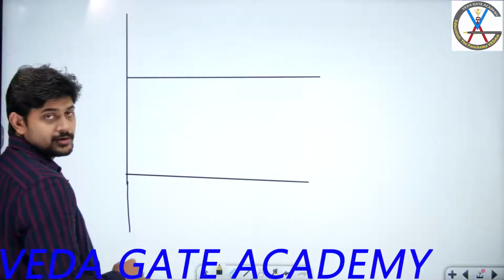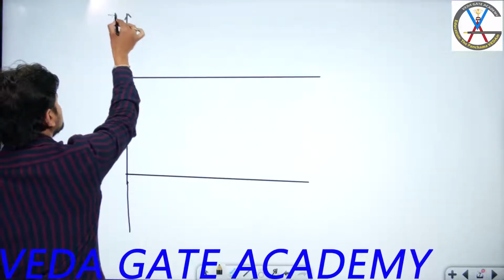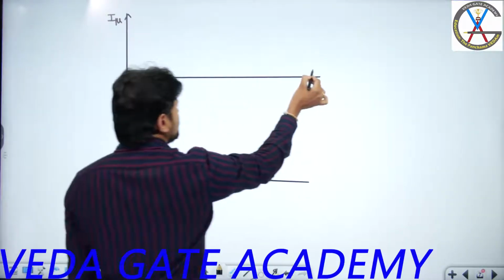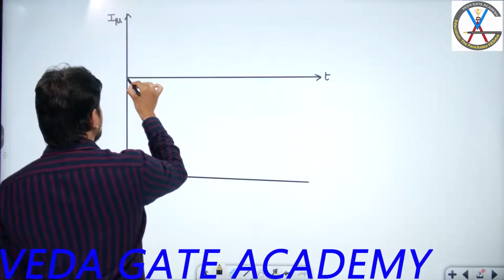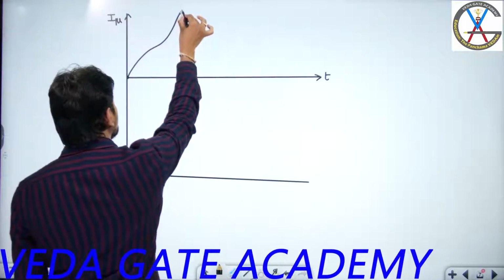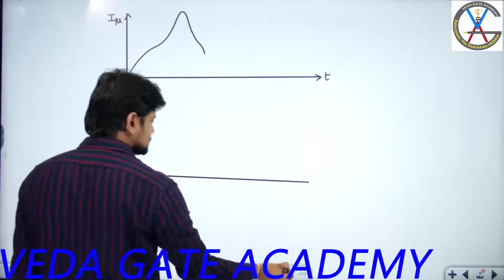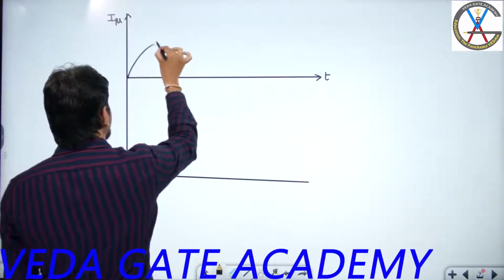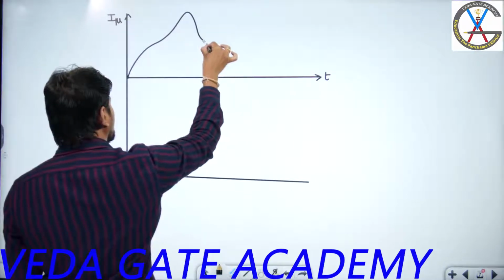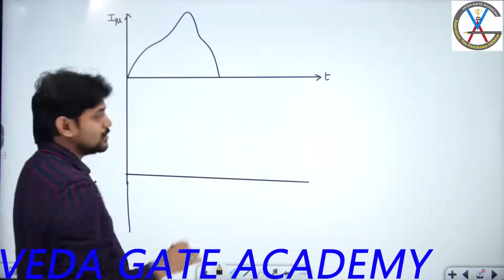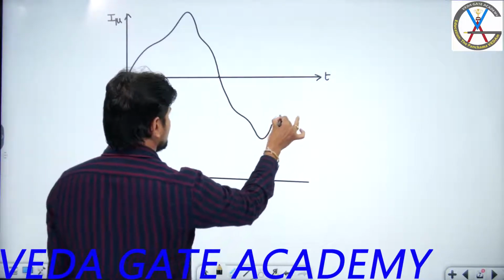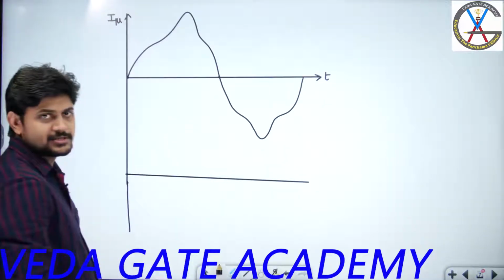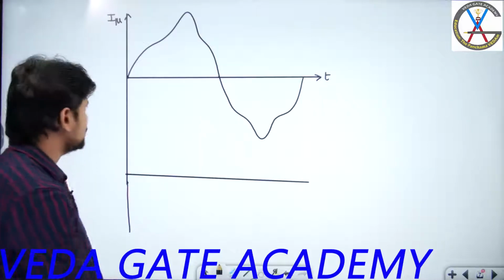Suppose I am considering this magnetizing component of current with respect to time; we got a peaky waveform. So you are going to get this cycle. This is my I mu wave shape that you are going to get.